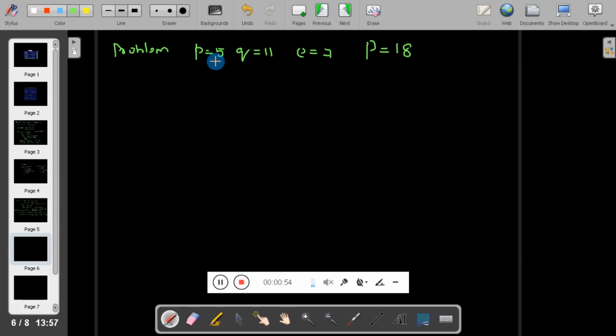So it is given here p is equal to 5, q is equal to 11, e is equal to 7 and M is equal to 18. So we need to apply the RSA algorithm.